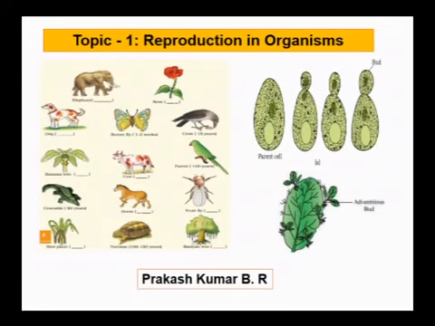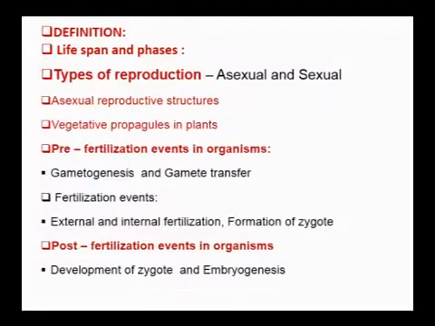Anyway, in this first chapter, we discuss the definition of lifespan and the three phases of the life cycle, that is juvenile phase, reproductive phase and senescent phase. Then we also discuss types of reproduction, asexual and sexual reproduction. We talk about different asexual reproductive structures found in organisms.